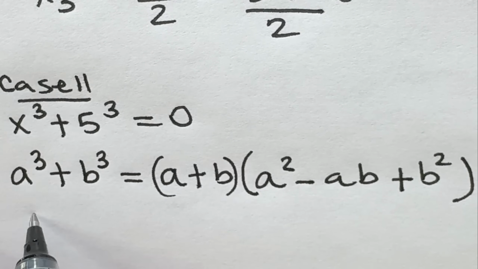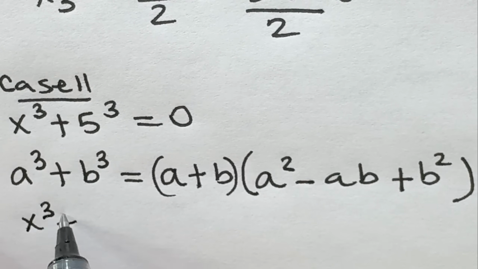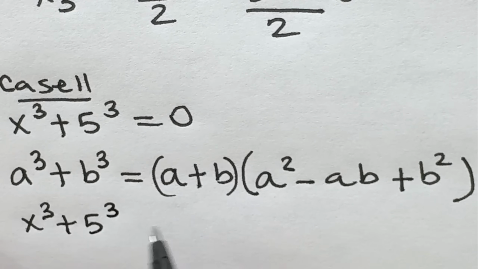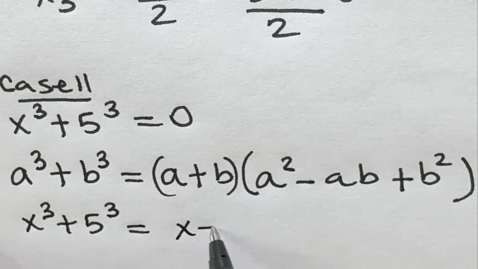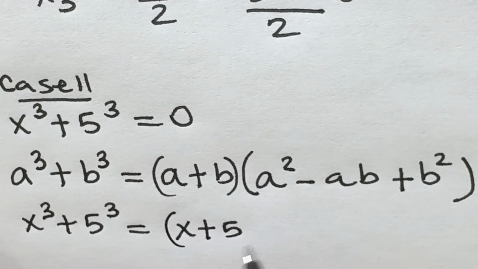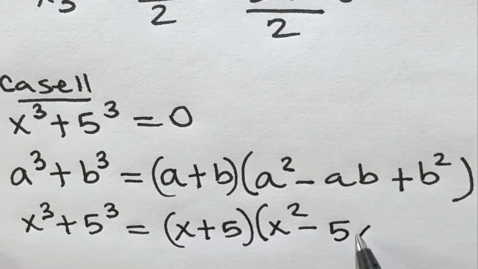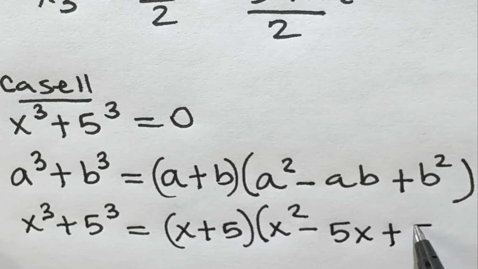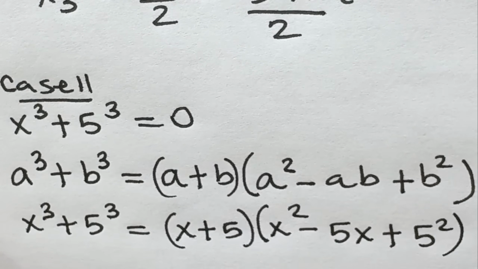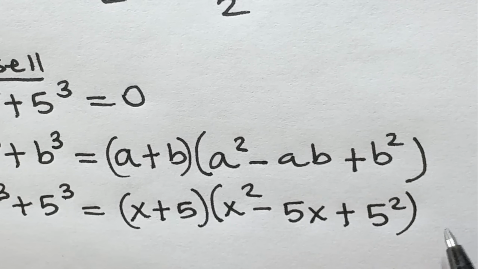So x cubed plus 5 cubed is going to give us x plus 5 into x squared minus 5x plus 5 squared. And this is equal to 0.